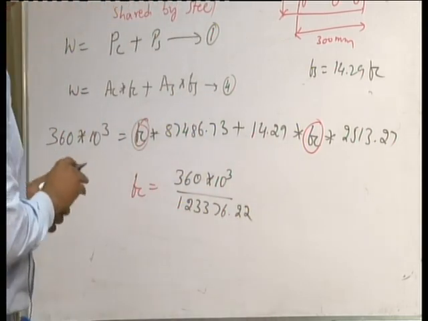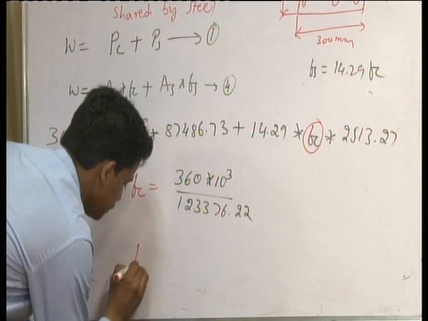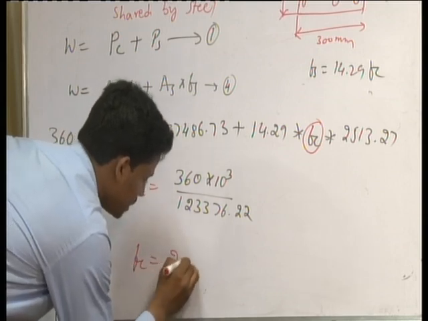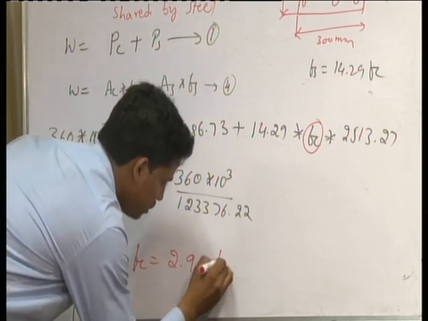If we simplify this, we will get Fc as 2.91 Newton per millimeter square.